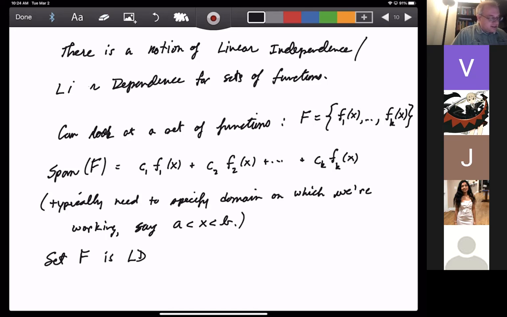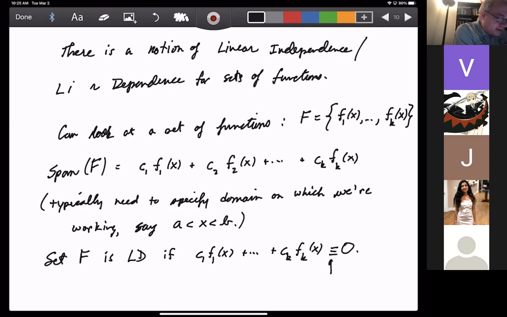So we say the set is linearly dependent if, when we take a linear combination of these functions, we can make that linear combination be identically zero. And I'm going to indicate identically zero, meaning evaluates to zero at every point on the interval from A to B, right?